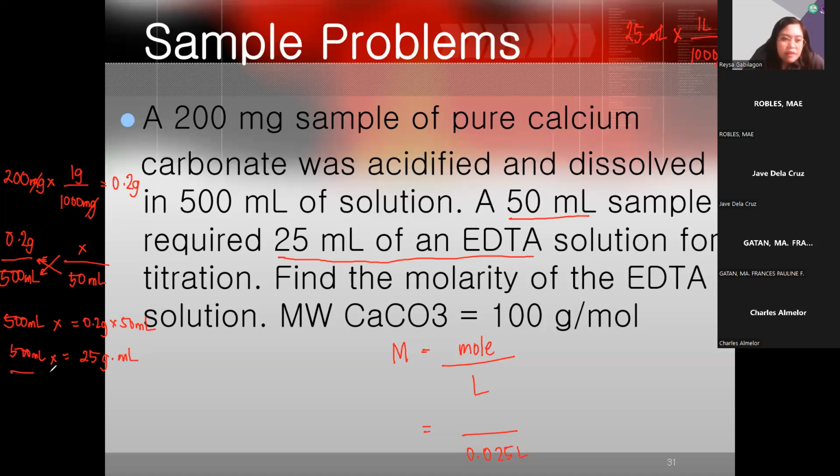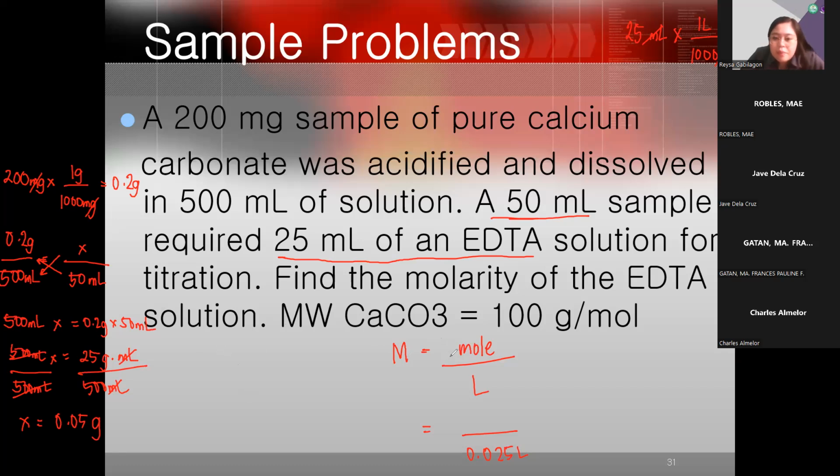Divide both sides by 500 ml. Cancel the ml. So the x here is 25 divided by 500 is 0.05 grams. So class, ito lang yung ginamit during titration. This was the amount of calcium carbonate that was included in the 50 ml sample used during, again, titration.